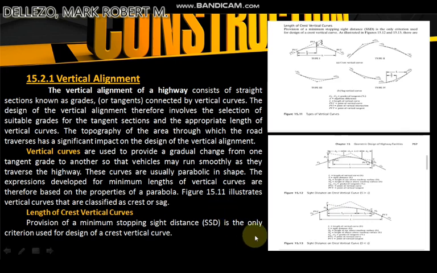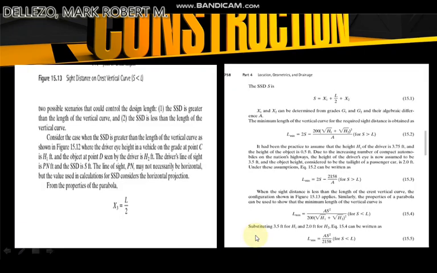Then next, guys, in this slide we can see figure 15.13 and two possible scenarios that could control the design length.